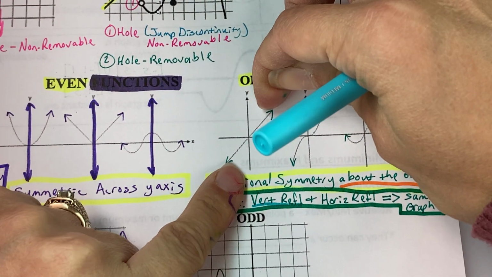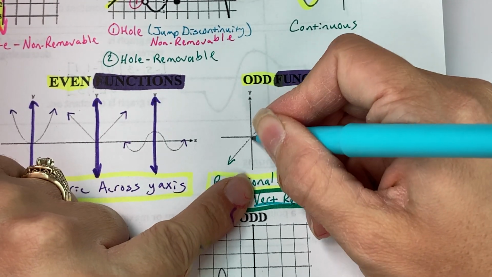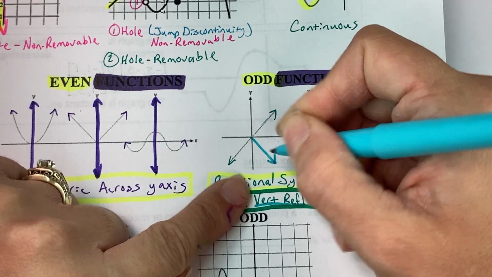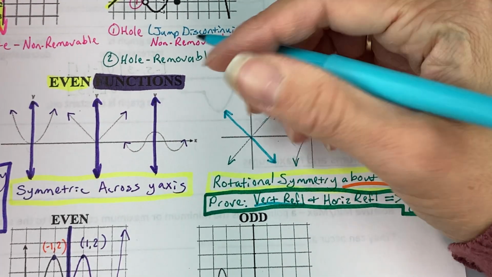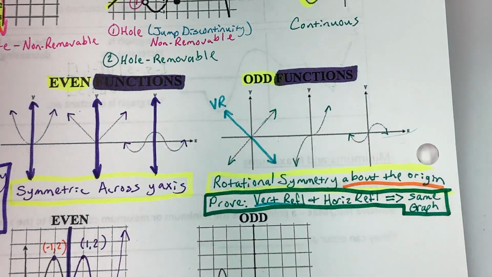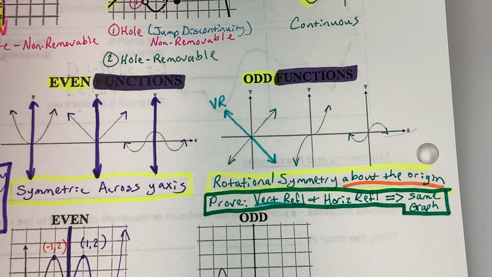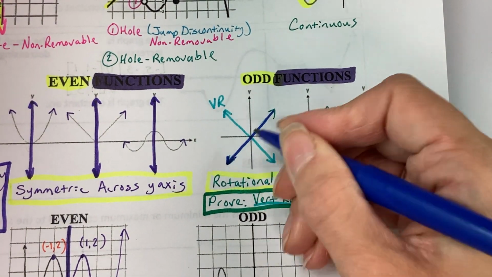If I vertically reflect it top over bottom, this piece will go down here, and this piece will go up here to quadrant 2. So this is what a vertical reflection does to our original line. So I'll go ahead and darken that original line. So here's my original line.